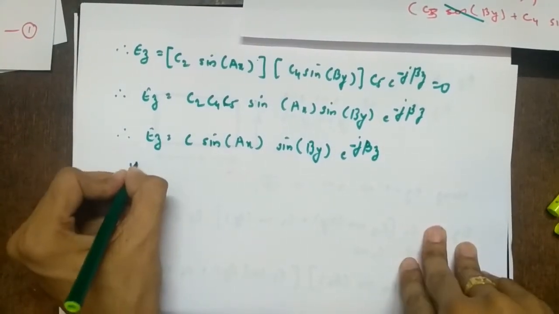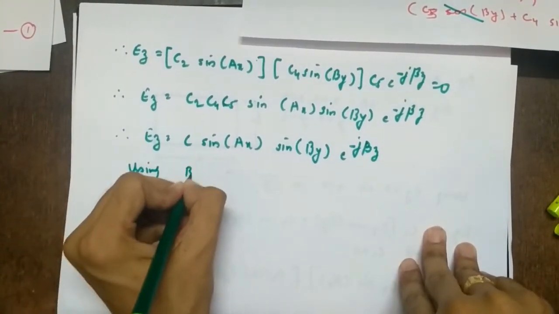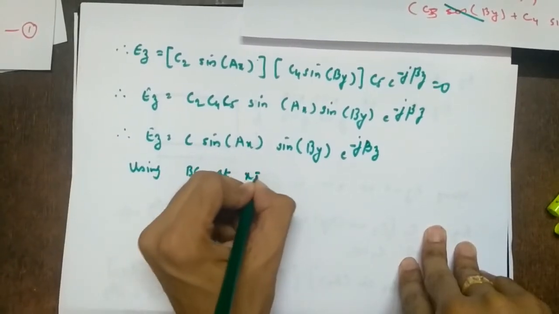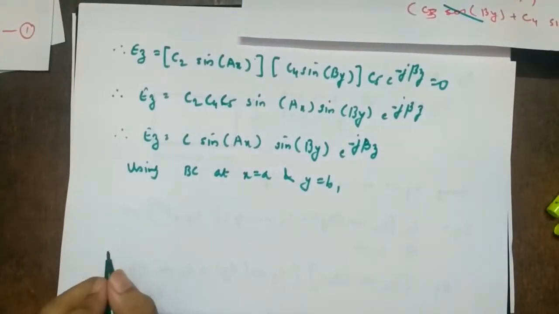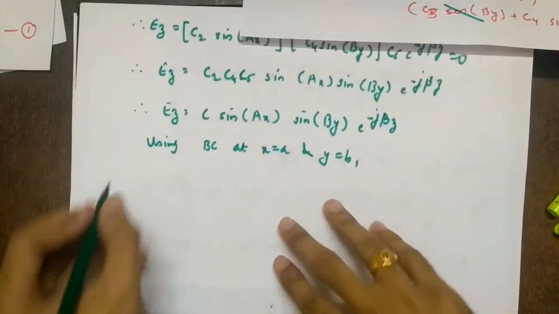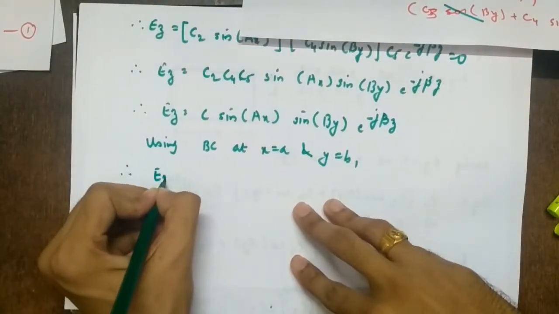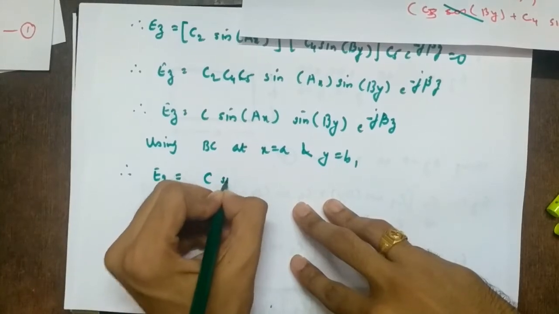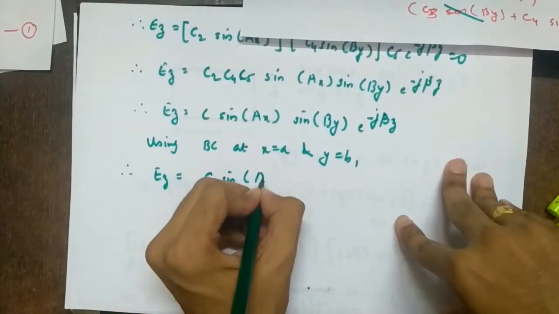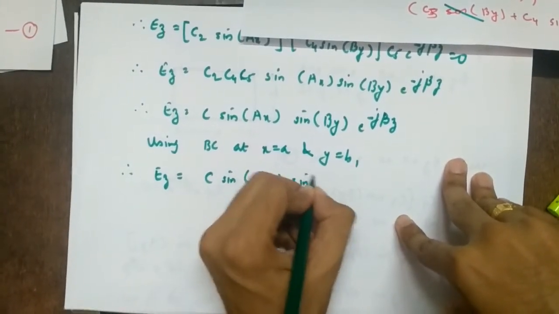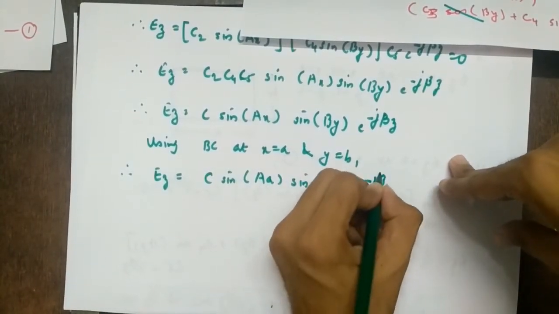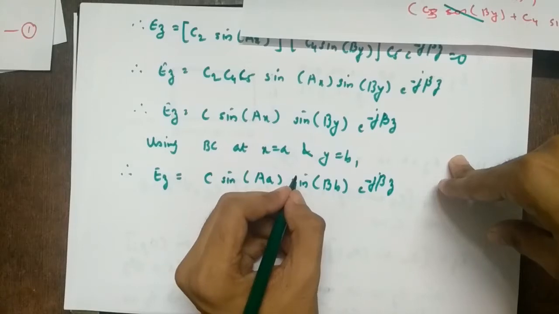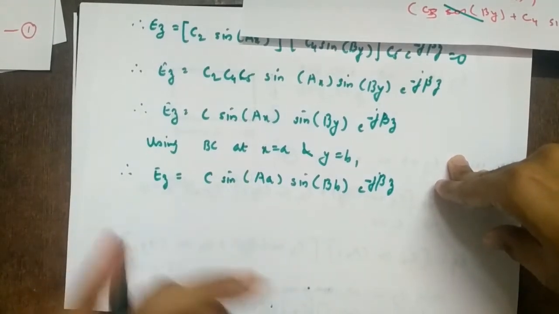So now, using the boundary condition at x equal to a and y equal to b, this is remaining, right? We have just applied x equal to 0 and y equal to 0. So what will it be? Ez equal to C sin of capital A into small a, sin of capital B into small b, e raised to minus j beta z. So what does this imply?